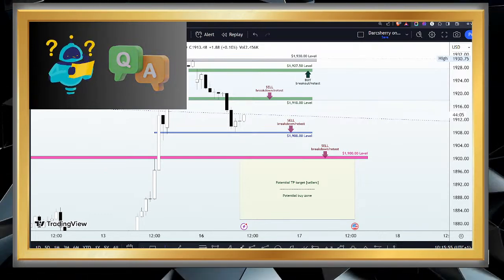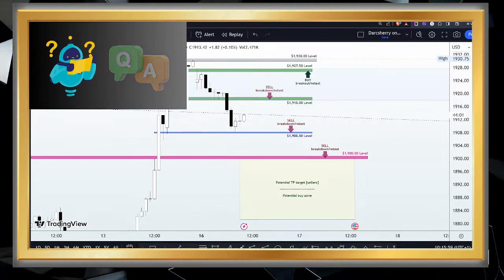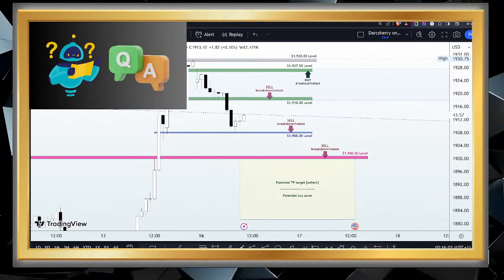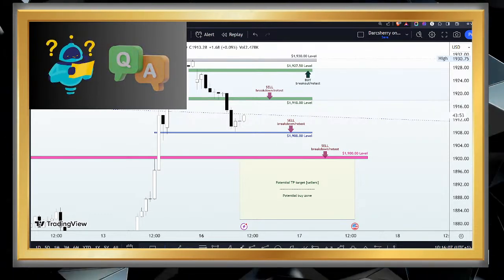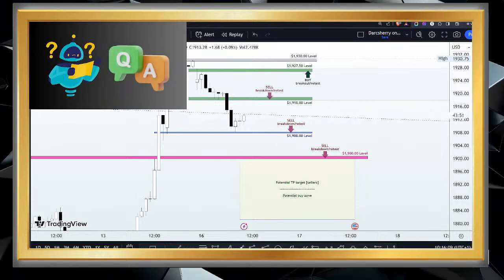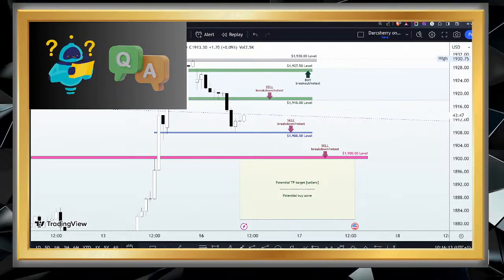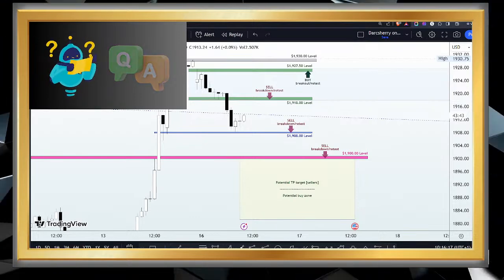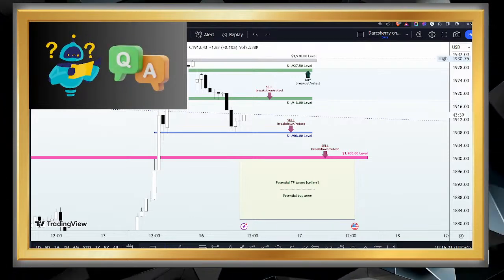Okay, I see your comment, Ika's Diary. You're asking that when higher time frame shows a bearish trend and after scaling down to lower time frame, it shows a bullish movement above a key level, what should we do in such a situation? Well, I'm not sure I do understand what you're trying to say here.